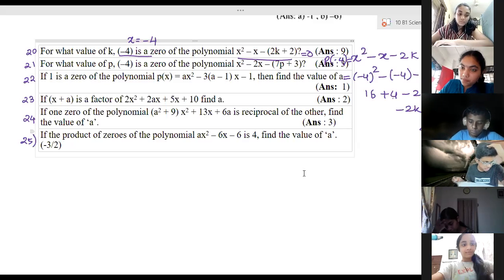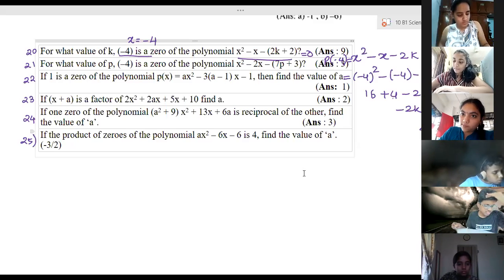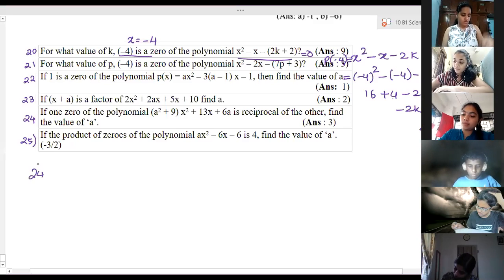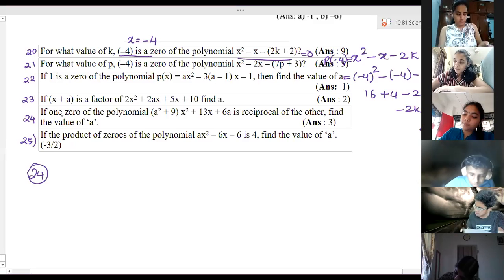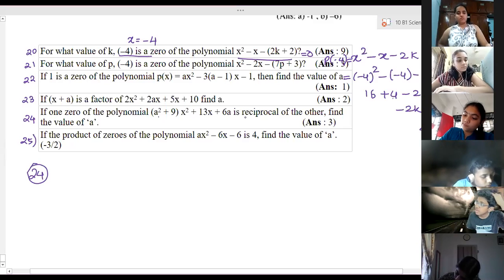Everyone completed till 23? Yes, ma'am. Then see the 24th one, somewhat different now. 24th is: if one of the zeros of the polynomial a square plus 9 into x square plus 13x plus 6a is the reciprocal of the other.